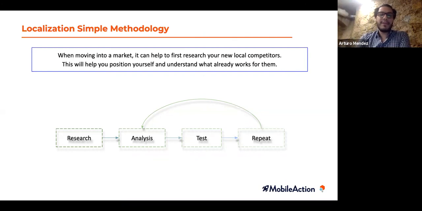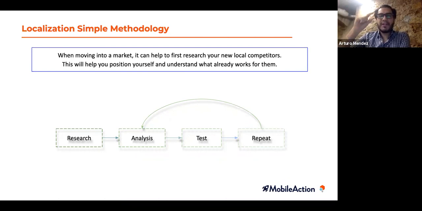So first you have to do the research, of course the keyword research, and then analysis. See how much traffic, how much volume the keyword has, how competitive it is, how directly it is related to your app. Like, if users use this keyword, they will find your app useful. Because before you were mentioning, for example, game, of course it has a lot of traffic, but what type of game?